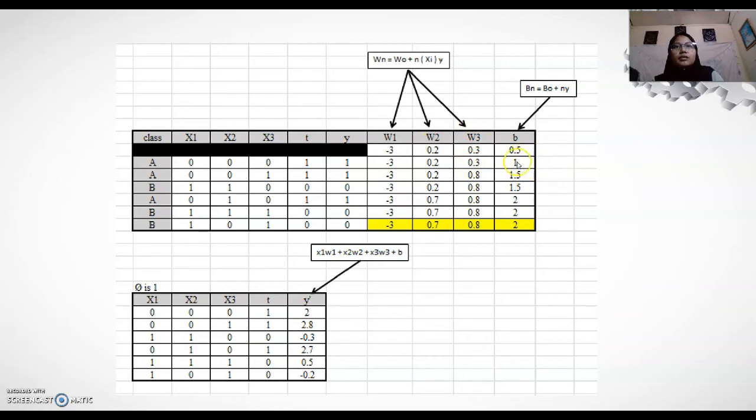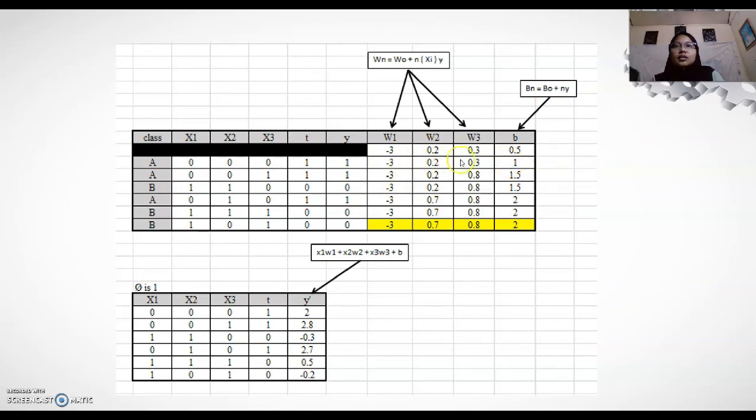For the value of bias, we use this formula, which is B new equals B old plus NY. For B old, we use this column, 0.3, 0.5, and N equals 0.5 also, and Y is 1, then we get 1.